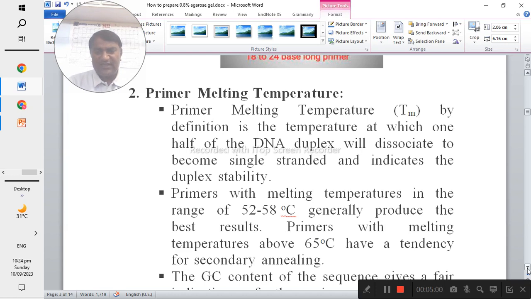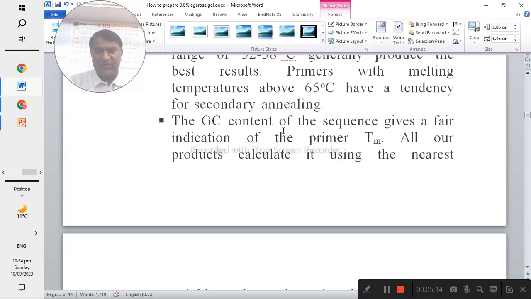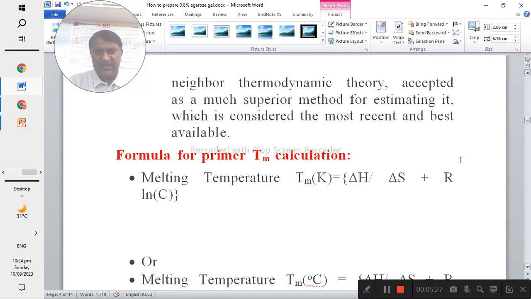Primers with a melting temperature above 65 have a tendency for secondary annealing. The GC content of the sequence gives a fair indication of the primer Tm, and all our products calculate it using the nearest neighbor thermodynamic theory, accepted as a much superior method for estimating it, which is considered the most recent and the best available.